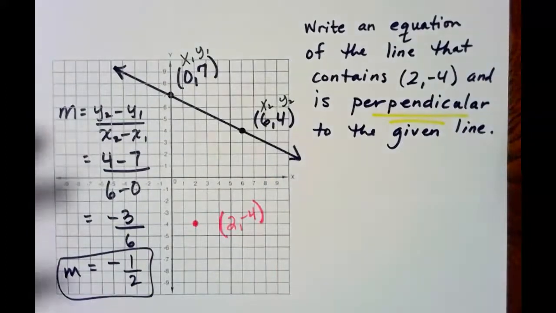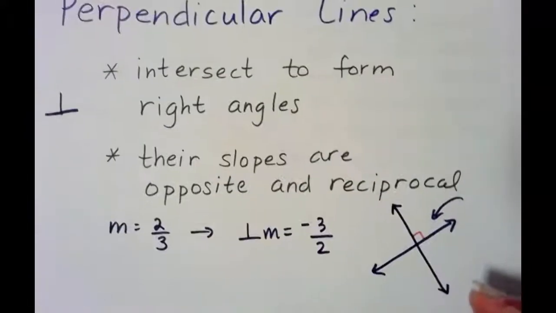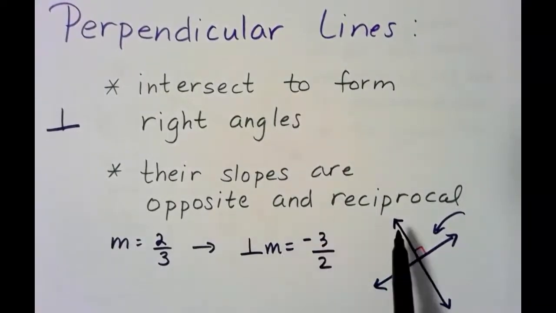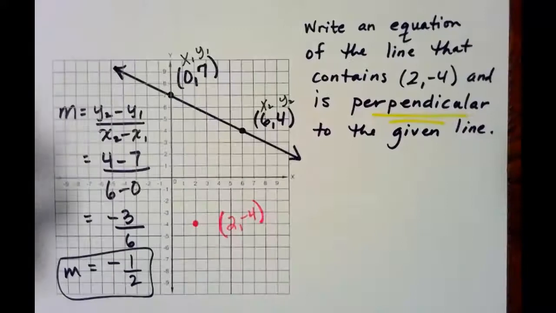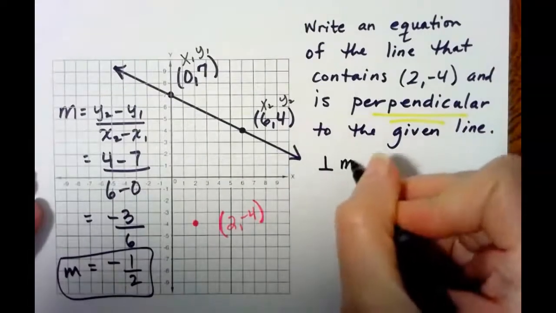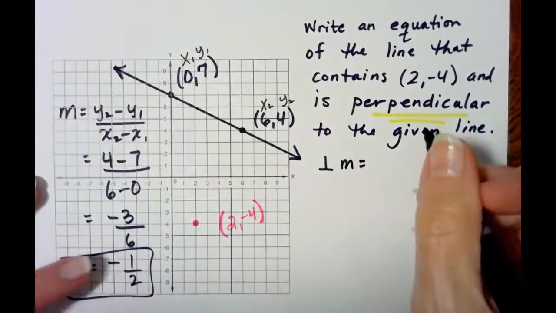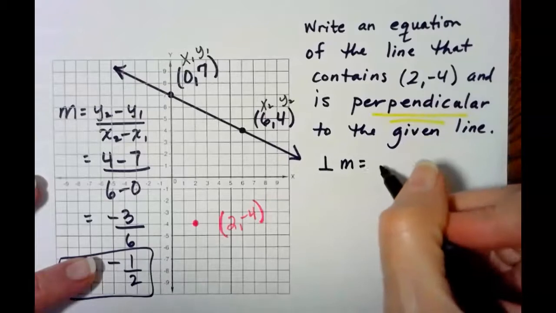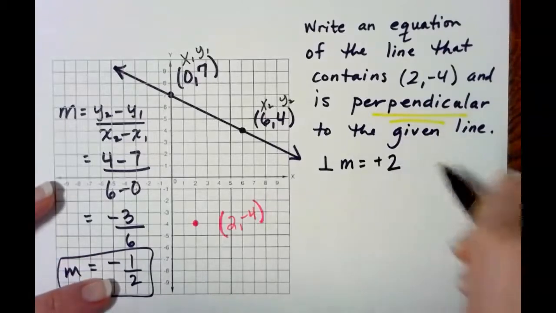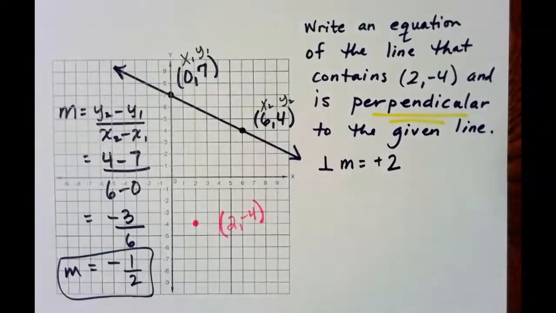Now recall that perpendicular lines have slopes that are opposite and reciprocal. So if our given slope is negative 1/2, our perpendicular slope will be opposite. So if our given slope is negative, our new slope is positive. And then flip the fraction, 2 over 1. So the slope of our new line is positive 2.